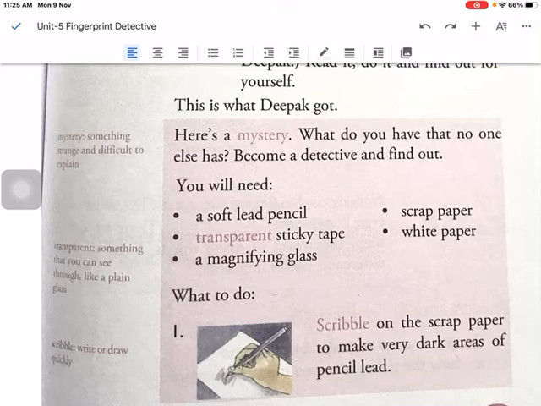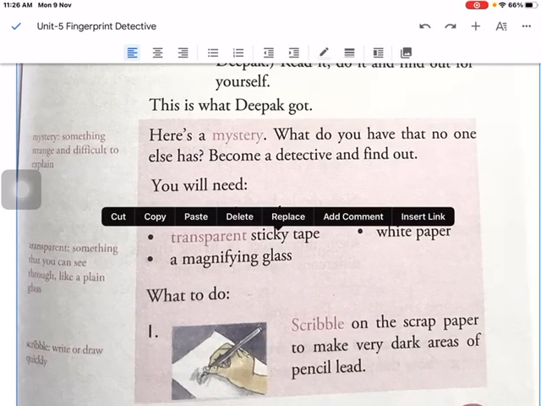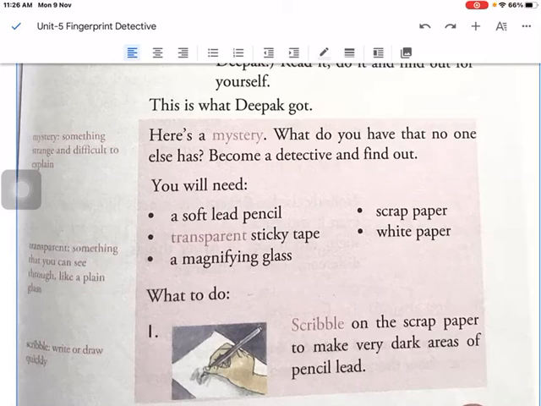Okay, here's a mystery. What do you have that no one else has? Become a detective and find out. You will need a soft lead pencil, transparent sticky tape, a magnifying glass, scrap paper, and white paper.